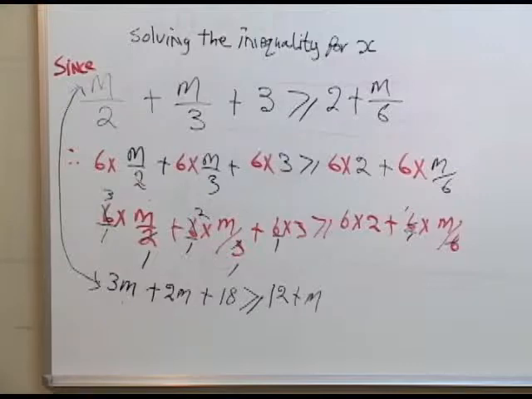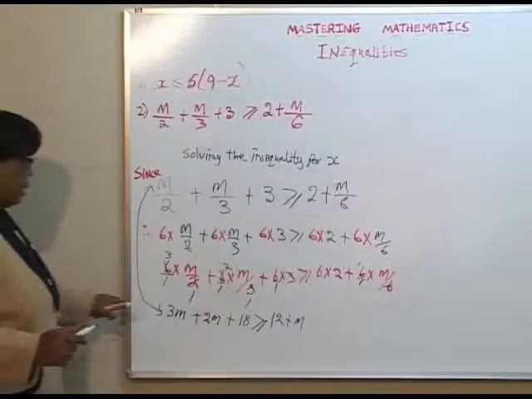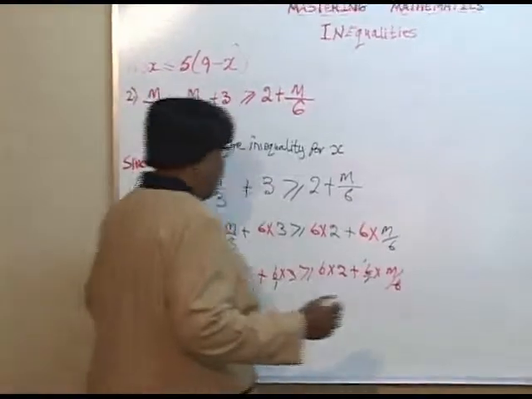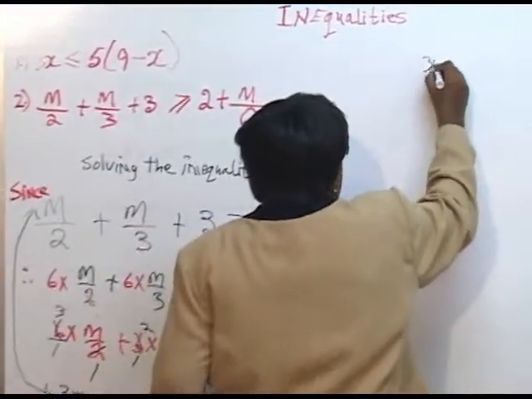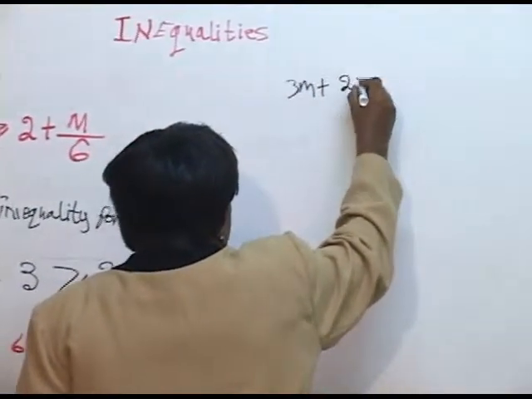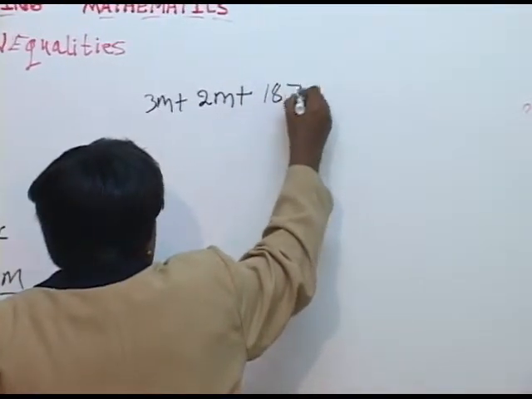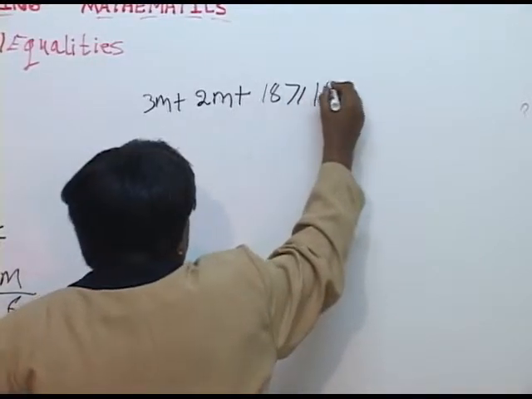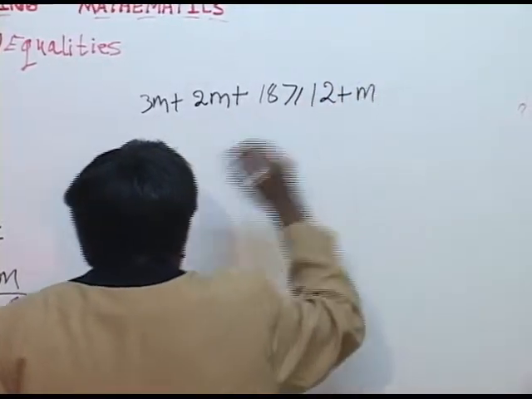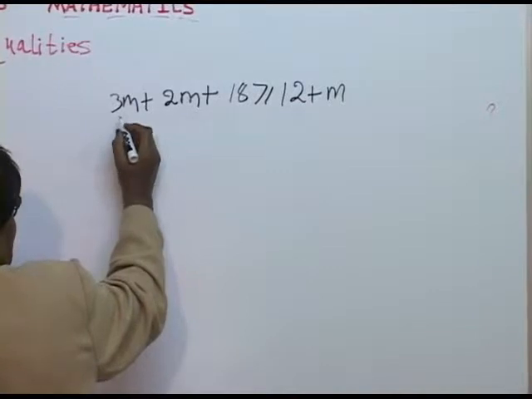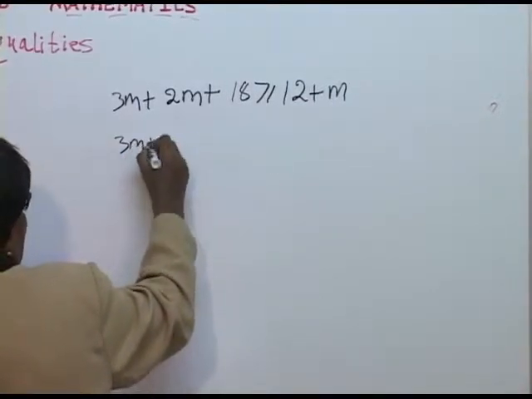And then we're back into the road and into the paradise that we know, that we're collecting like terms, all right? All the m's are coming over to this side. So from 3m plus 2m plus 18 greater than or equal to 12 plus m, we can get 3m plus 2m.